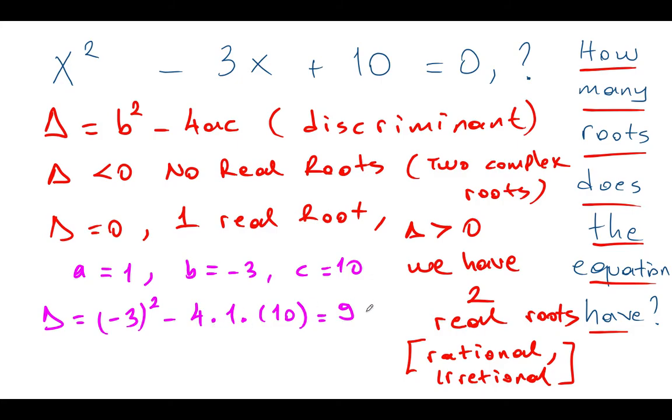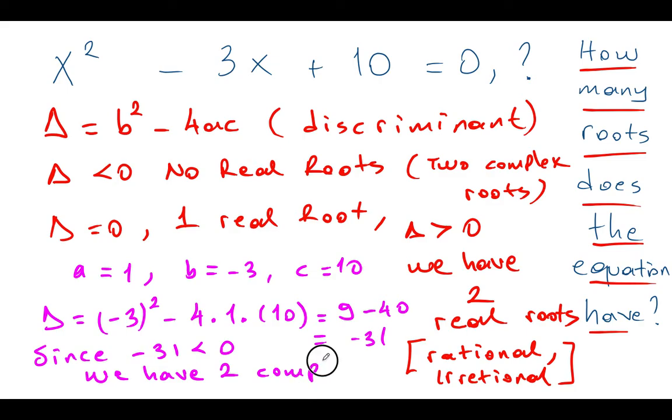But as you see here, it's -40, so it will be -31. So since -31 is less than 0, we have two complex roots. That's it. Imagine if the result is positive 31, we should say that we have two real roots. Just write two real roots.